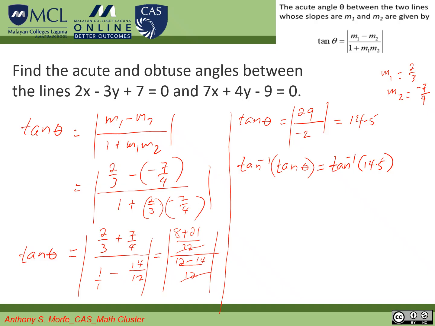Okay, so we know already in our topic, inverse trigonometric functions, this becomes theta. So theta is equal to inverse tangent of 14.5. So how much is that? 14.5 inverse tangent. So set your calculator, class, in degree mode.